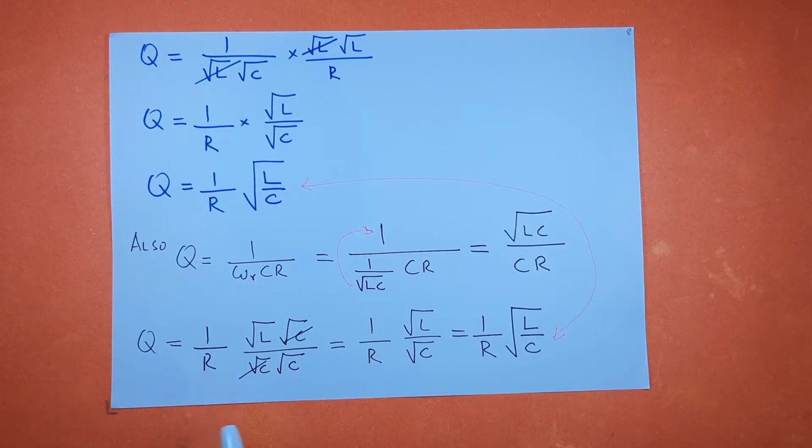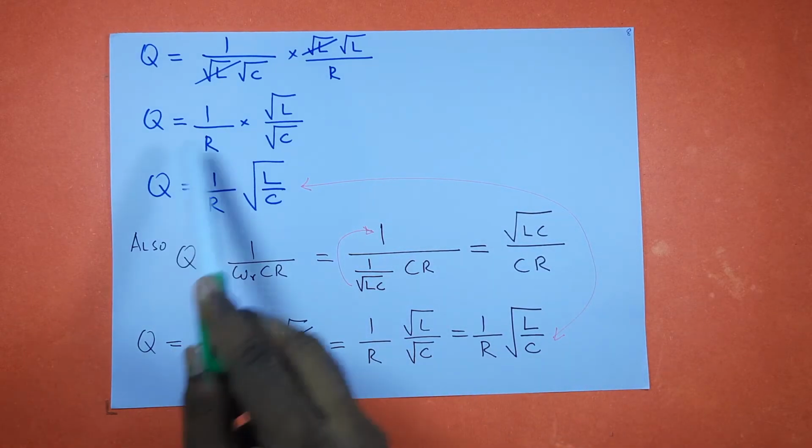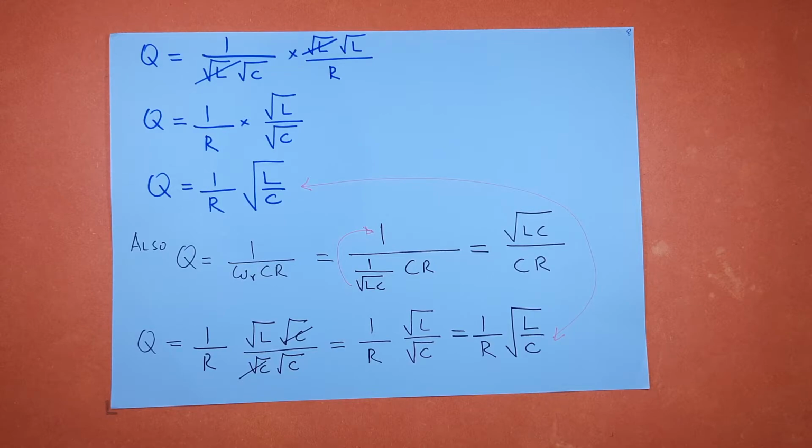Q equal to 1 by R. This L I split as square root of L multiplied by square root of C. This C you split as square root of C multiplied by square root of C. So the square root of C gets cancelled. So you get 1 by R square root of L divided by square root of C equals 1 by R square root of L by C. So in both cases we got the same relation. So this is the quality factor.